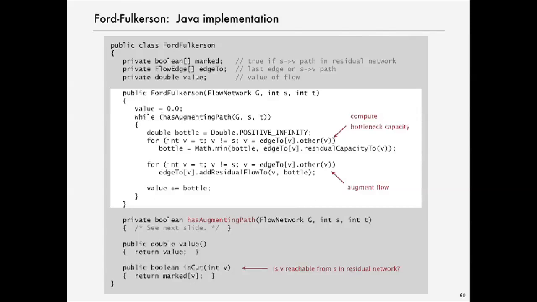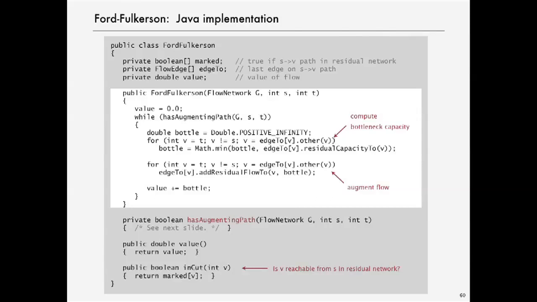And that's precisely the computation that we needed to do to compute the cut. So to tell whether a vertex is reachable from S, we just check marked of V, and so we can tell the client which vertices are in the cut, and then we can find the edges that leave that vertex to get the edges that comprise the cut.